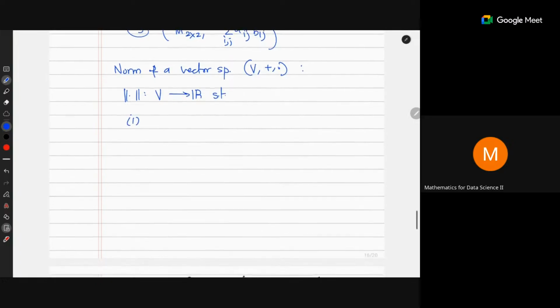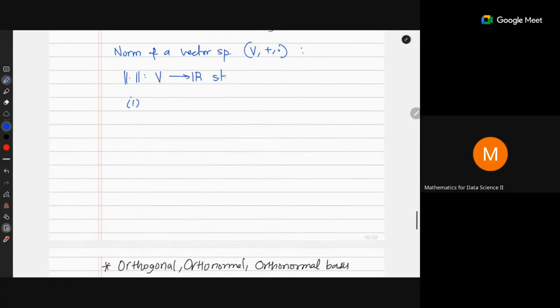First property is that it satisfies the triangle inequality. Second property, you can take the scalar out with a modulus because we always want it to be positive. And it is 0 if and only if V is 0.